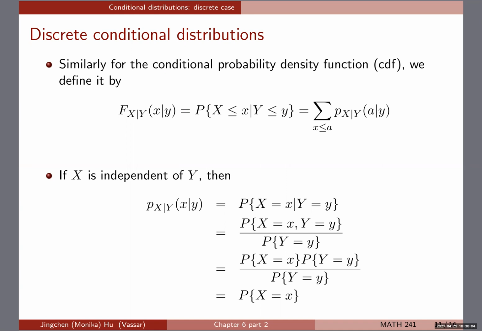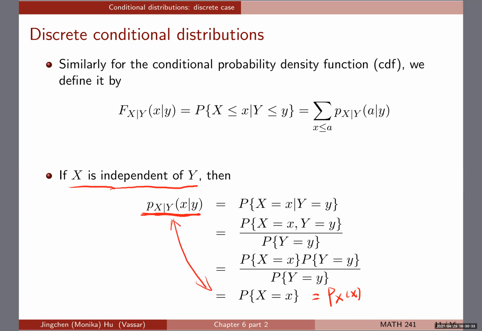As you can see from the result, if X is independent of Y, then the conditional PMF becomes the marginal PMF of X. Remember, in the past we talked about independence meaning that knowing Y does not affect our knowledge about X. So not surprising, the final result is this.